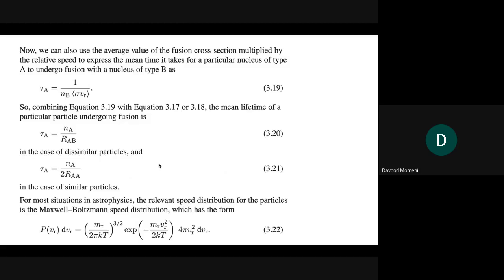T is the temperature, k is the Boltzmann constant, a fixed number, m is the mass of the particle, and v is the speed of the particles. So can you tell me the meaning of equation 3.22?